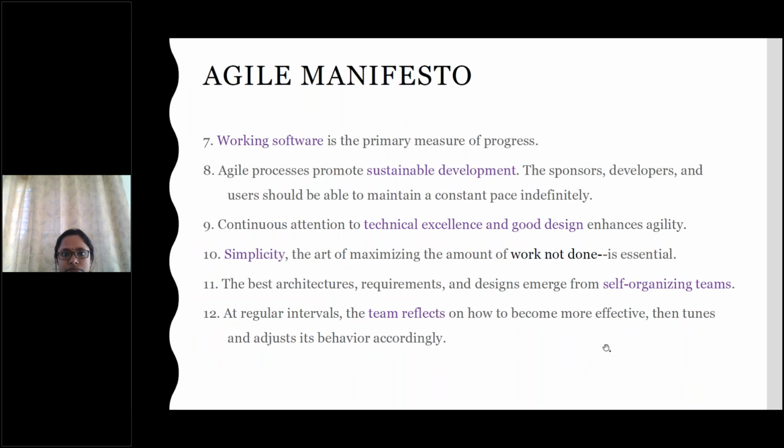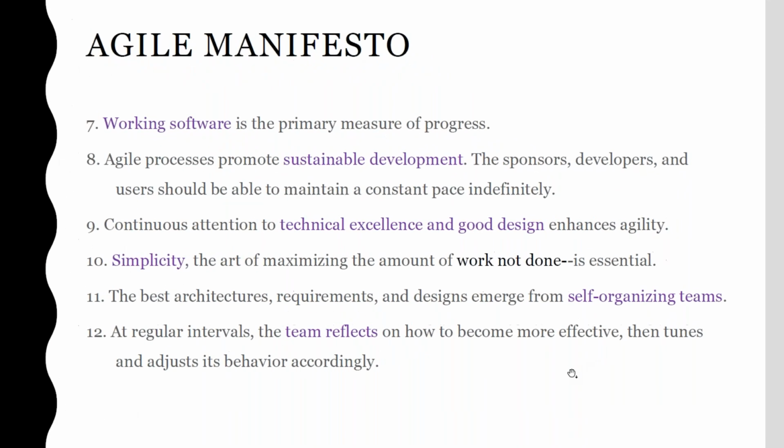Next, agile processes promote sustainable development. Sponsors, developers, and users should be able to maintain a constant pace indefinitely. Yesterday I told you, in the first sprint you might underestimate things and say we can deliver this in a 2 week sprint.